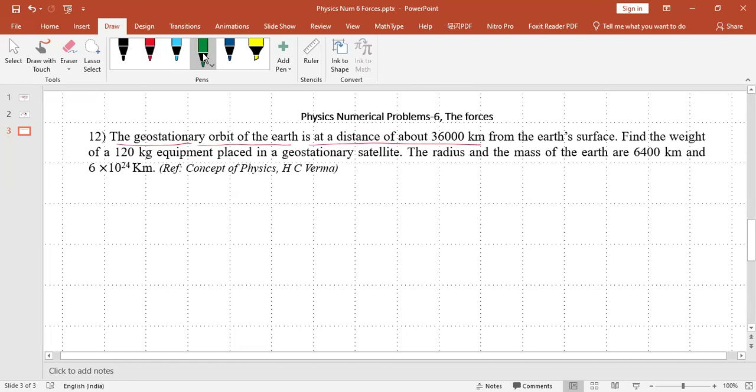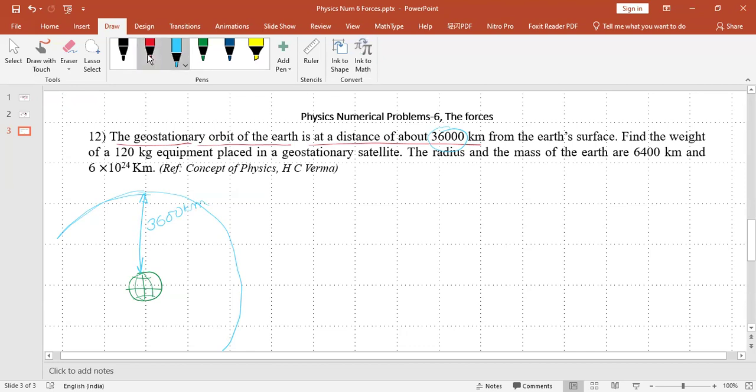Let us consider this is the Earth, and it says its geostationary orbit is at a distance of 36,000 kilometers from the Earth's surface. That is, from the Earth's surface to the orbit is 36,000 kilometers.